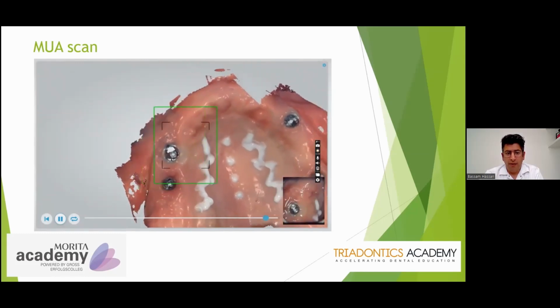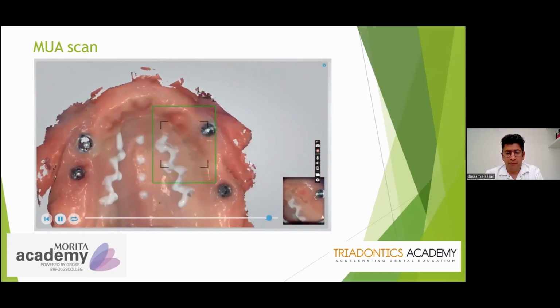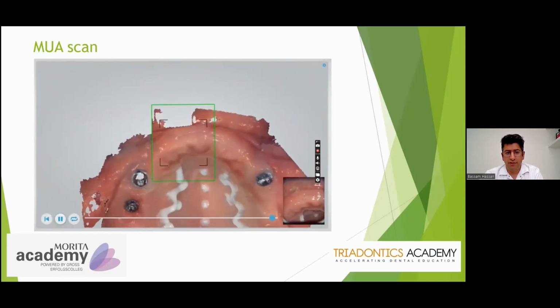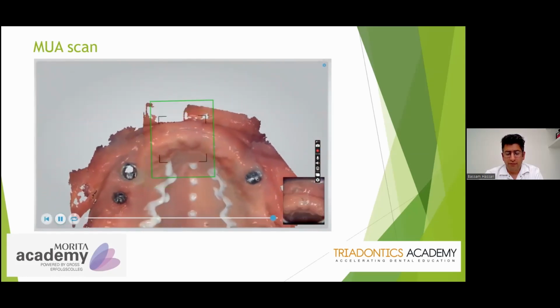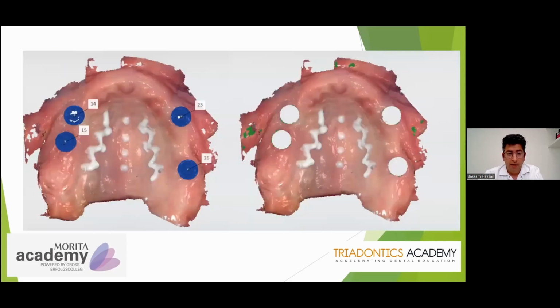Look at the amount of movable mucosa, free gingiva that you have in this case. And even if you have the insertion of the mucosa very much crestal, you can scan it perfectly. This is something amazing. I'm really still in awe about that, how far we have come with intraoral scanning.